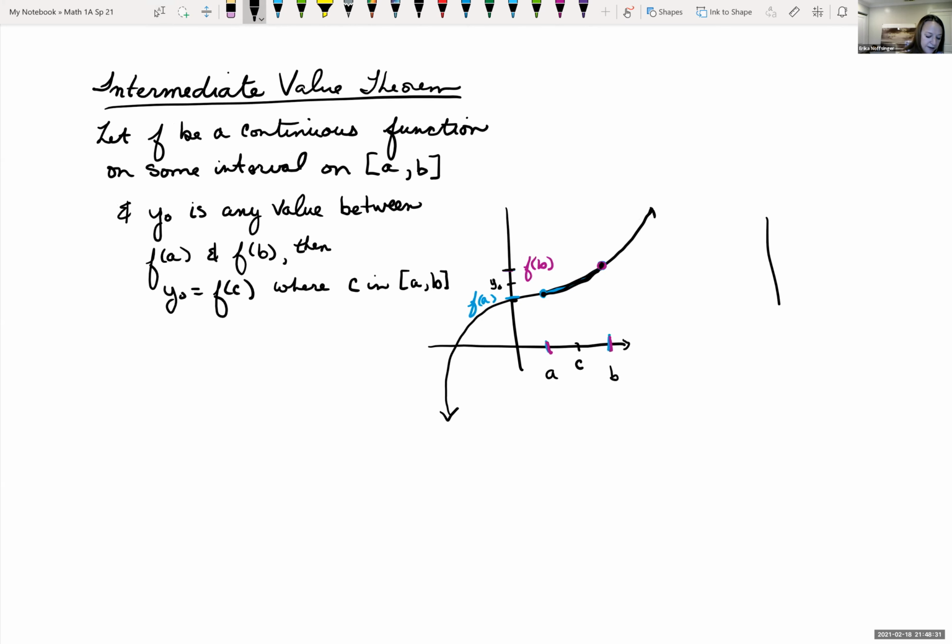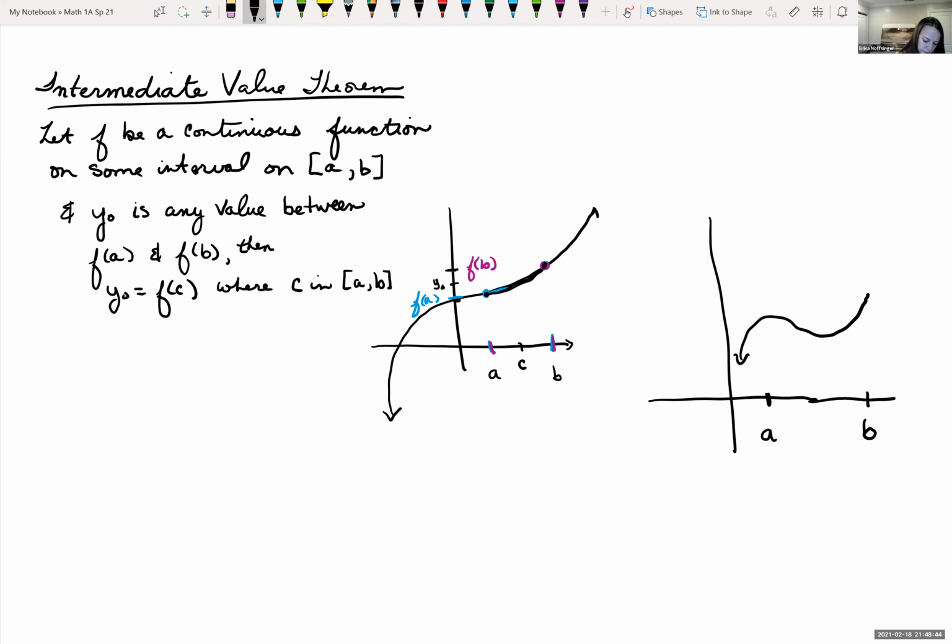Because what if our graph had looked something like this? And maybe this was our a here, and this was our b value over here. And so let's say, okay, this is here. So this is f of a. I can look at my graph.